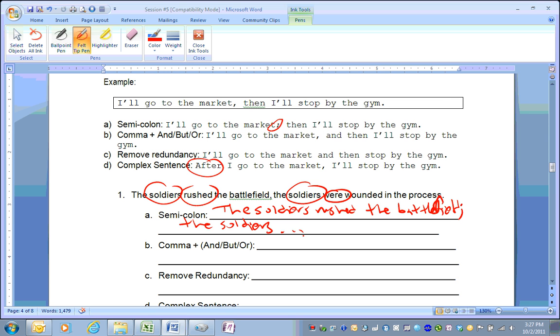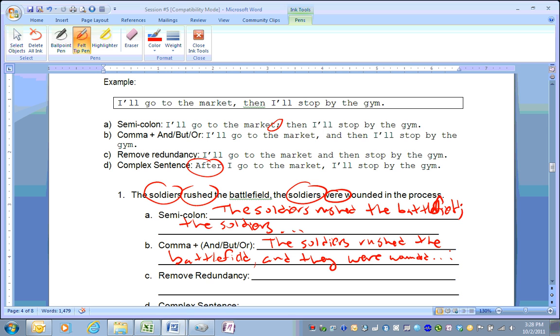You could put a semicolon. Or you could say this: the soldiers rushed the battlefield, and they were wounded.